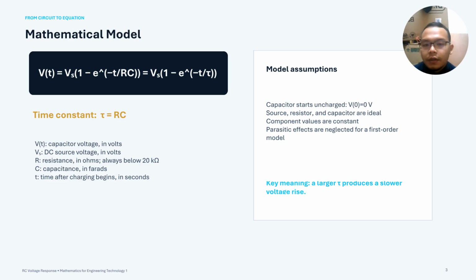R refers to resistance in ohms, always below 20 kilo ohm, and C is capacitance in farad. So V equals Vs (1 minus e to the power of negative t over the time constant). The time constant is equal to RC. The key meaning: a large time constant produces a slower voltage rise.